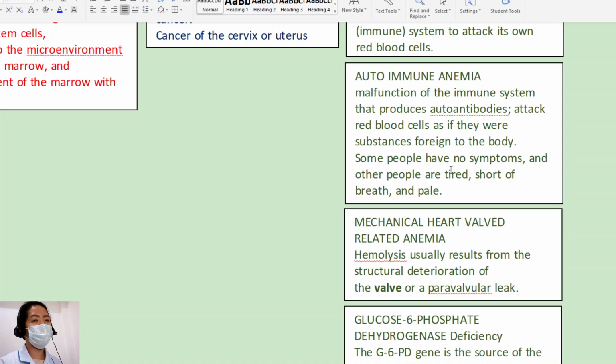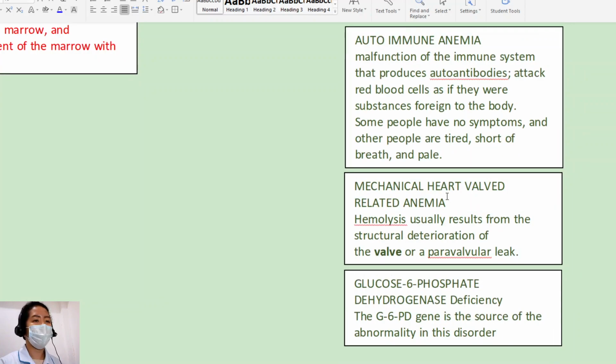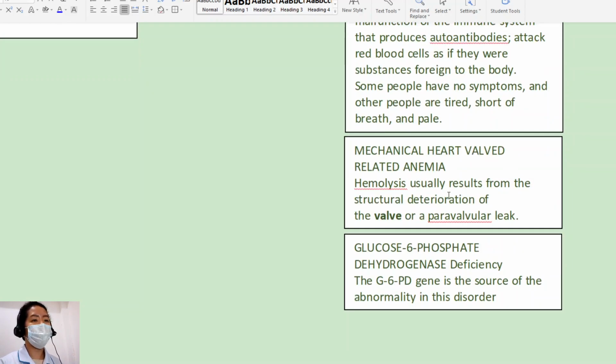Some people have no symptoms and other people are tired, short of breath, and pale. Mechanical heart valve related anemia. Hemolysis usually results from the structural deterioration of the valve or a paravalvular leak.